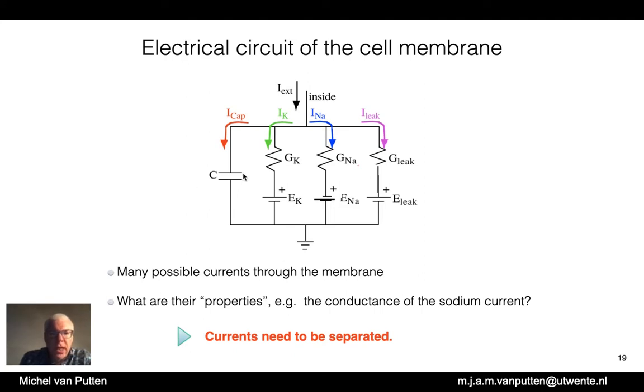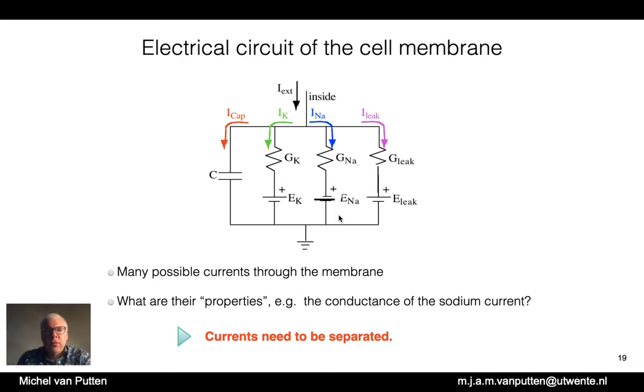So shown again, the membrane capacitance, the leak conductance, and the leak Nernst potential, and the two relevant voltage-dependent currents, the potassium current and the sodium current with their respective Nernst potentials. Note the opposite position of the two batteries, as the potassium and sodium Nernst potentials have opposite signs.